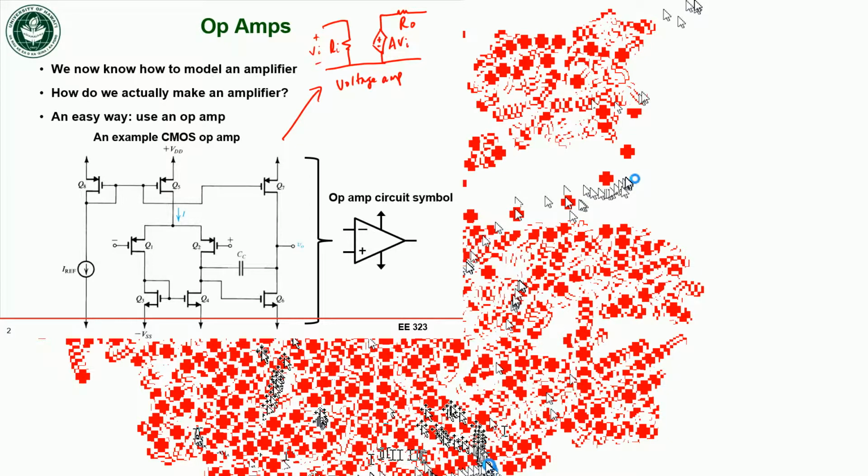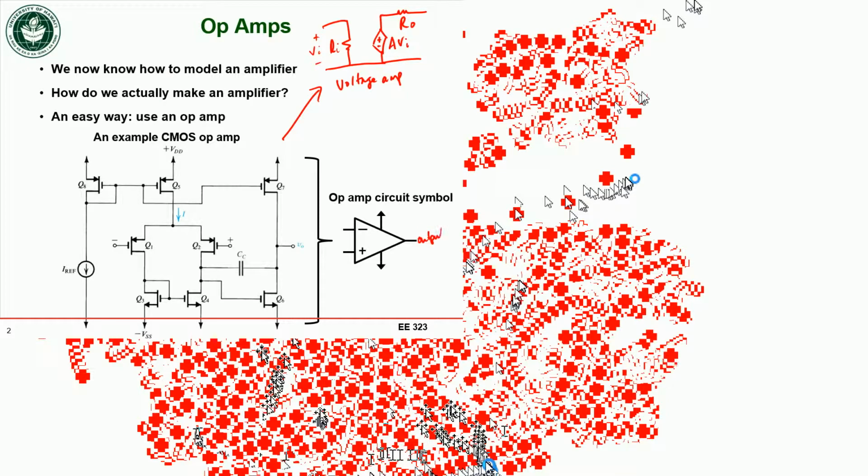If you haven't seen it before, this is the op-amp circuit symbol. There's an inverting input marked by the negative sign, a non-inverting input marked by the positive sign, and this is the output. These two connections with the arrows are to connect DC power supplies, which is what powers the amplifier.